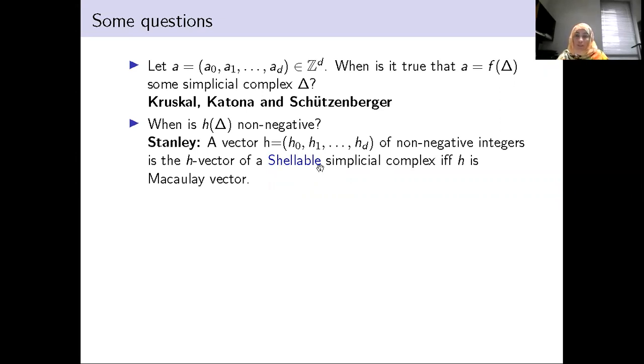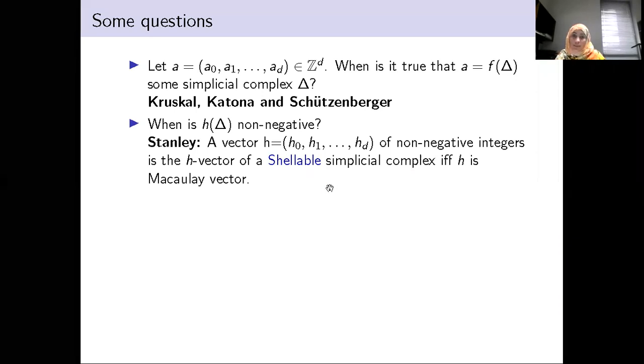What is a shellable simplicial complex? A shelling is a specific order of the facets. A facet is a face of maximum dimension. If you order them in a very nice way, then you get that the simplicial complex is shellable.